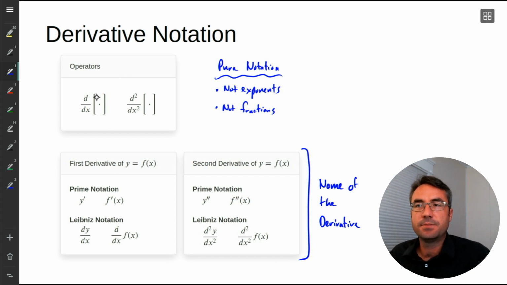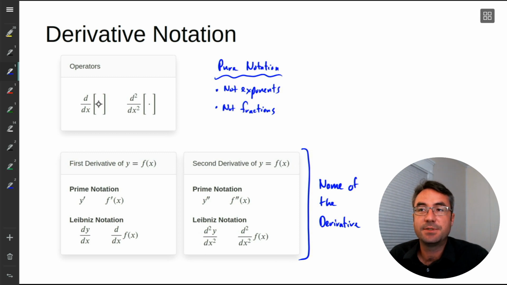We also sometimes use operator notation. The way we indicate this is we'll have a bunch of x terms inside big brackets, and then we'll have d dx, or our second derivative operator, in front of the brackets. What these operators are telling us are directions to differentiate everything inside the brackets.